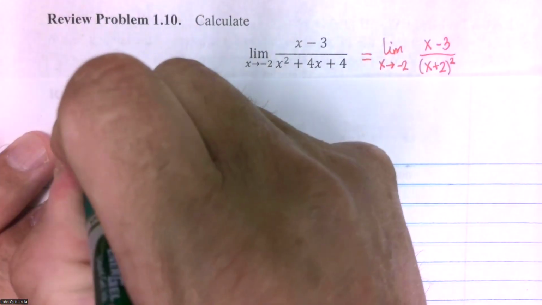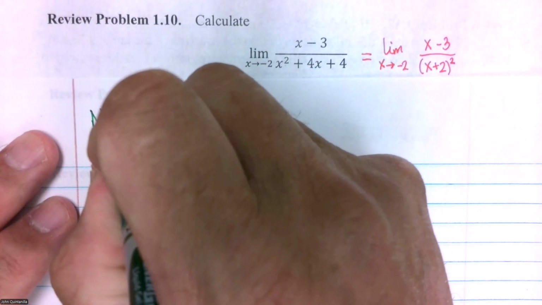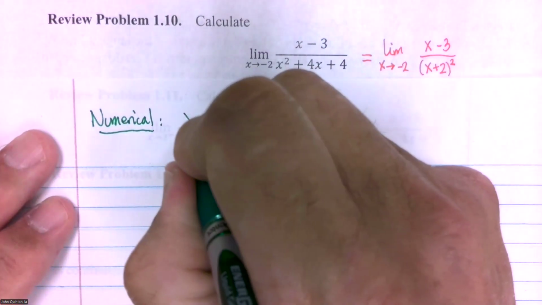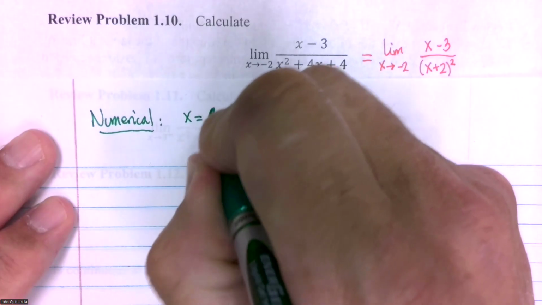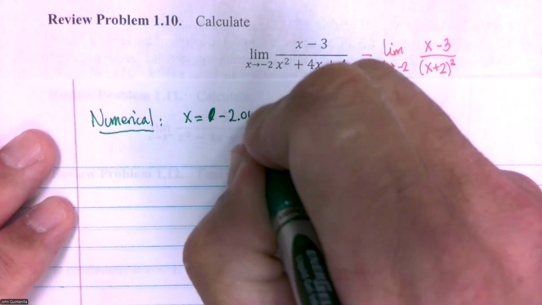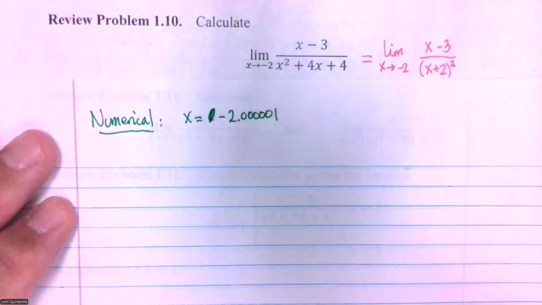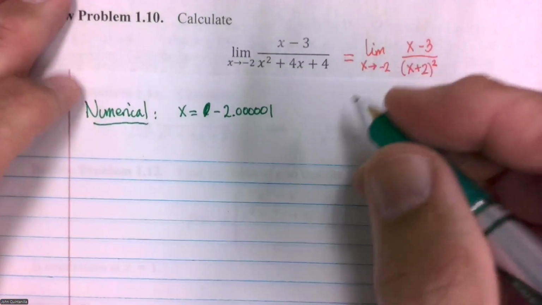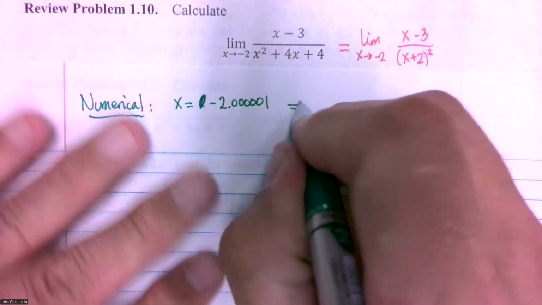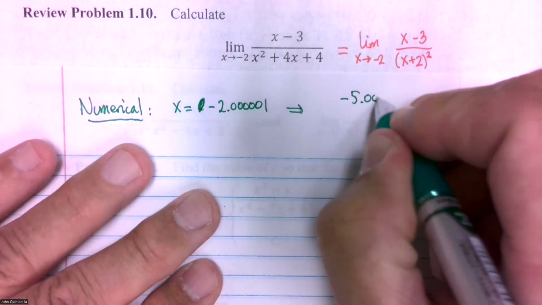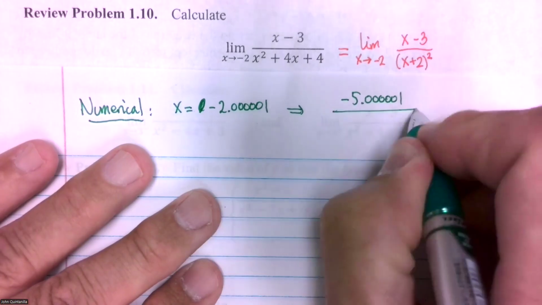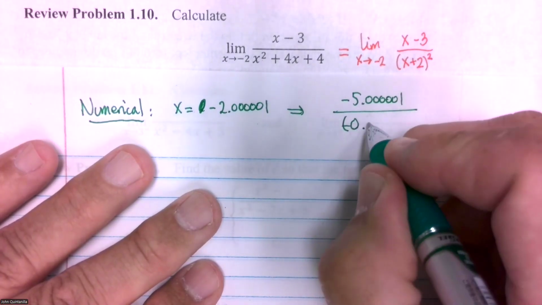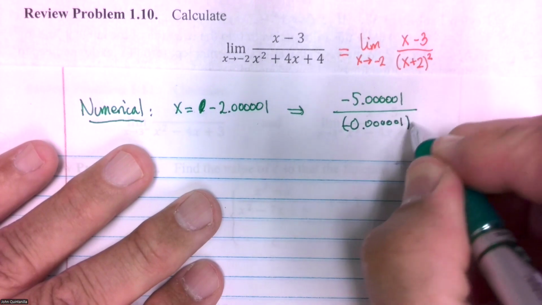One way to look at this is numerically. Suppose I plug in something very close to -2, like -2.000001. Then the top would be about -5.000001, and on the bottom I would get (-0.000001) squared.